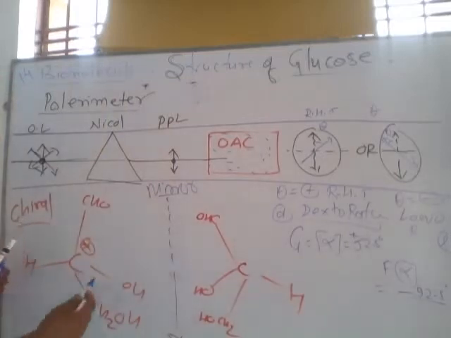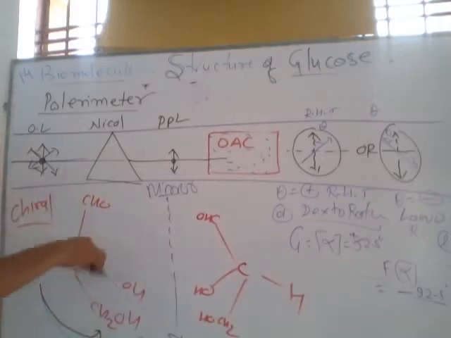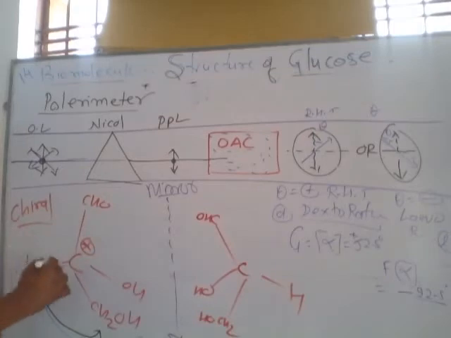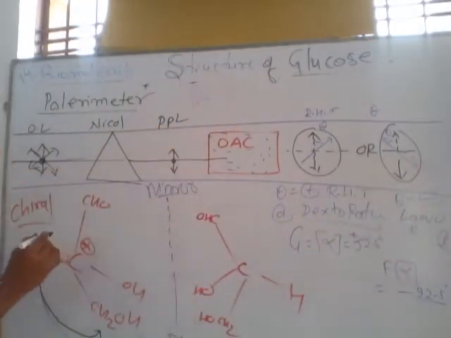In this compound, the smallest atom is hydrogen. We start the rotation from hydrogen and observe that the rotation is anticlockwise. Anticlockwise rotation is also called L, so we represent this compound with small l, otherwise minus.